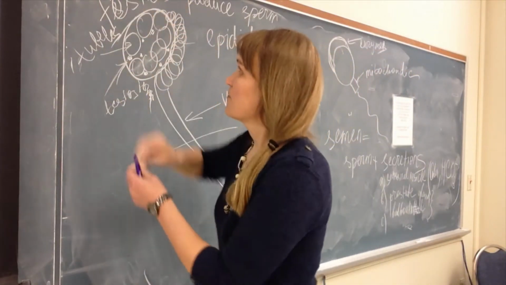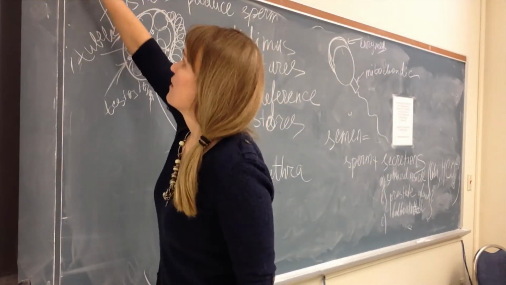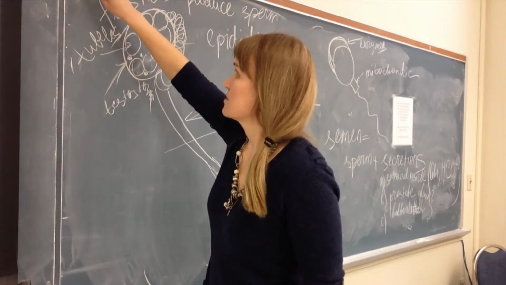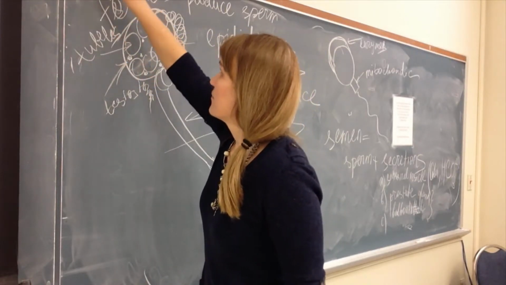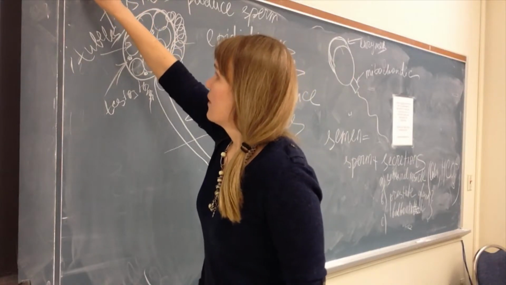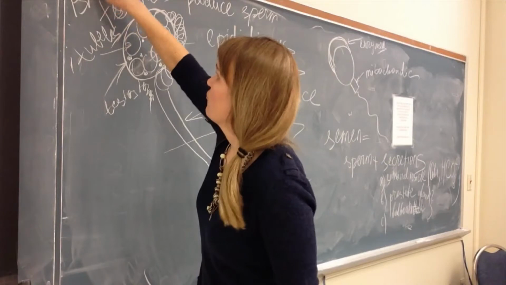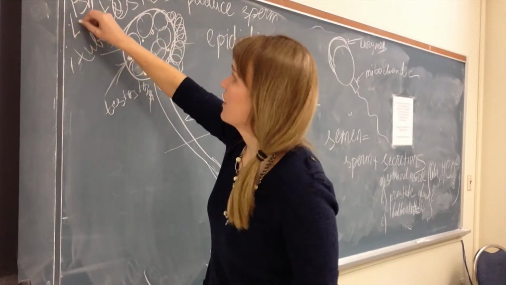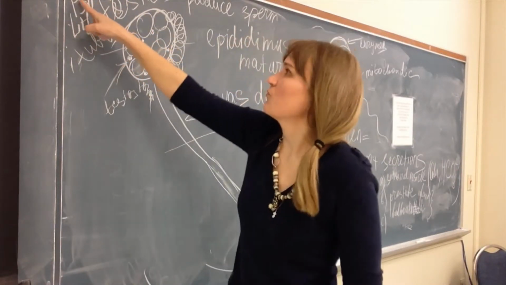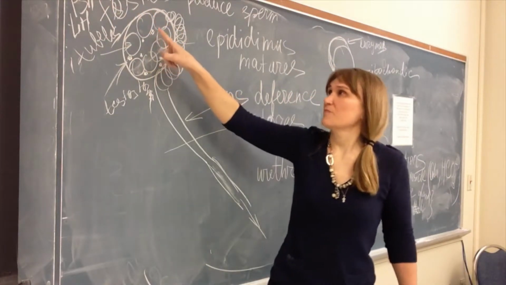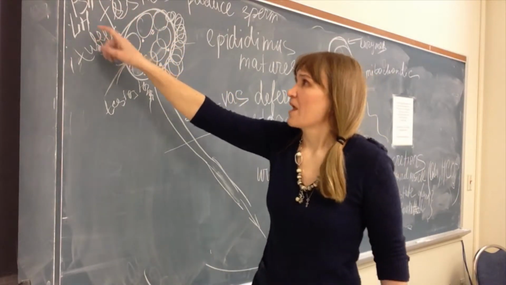Let's put the name here, brain, and indicate two hormones, actually three, but the first hormone activates the other two. What I want you to know are follicle stimulating hormone and luteinizing hormone, which act on testes to complete the development of the sperm.